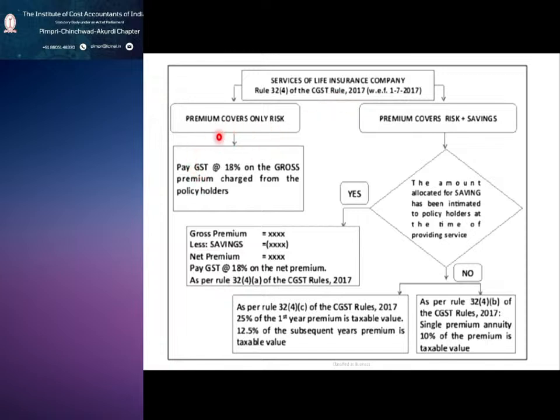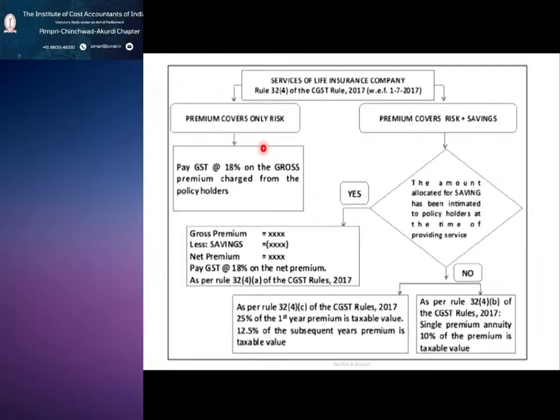This premium covers only risk, or a certain percentage they consider for risk, a certain percentage for savings, and a certain percentage they take as their fee and other charges.